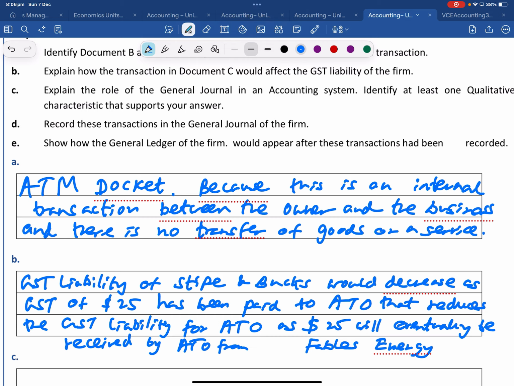Why? Because the role of the general journal is to analyze and record key transactions. Recording is correct, but not really analyzing.